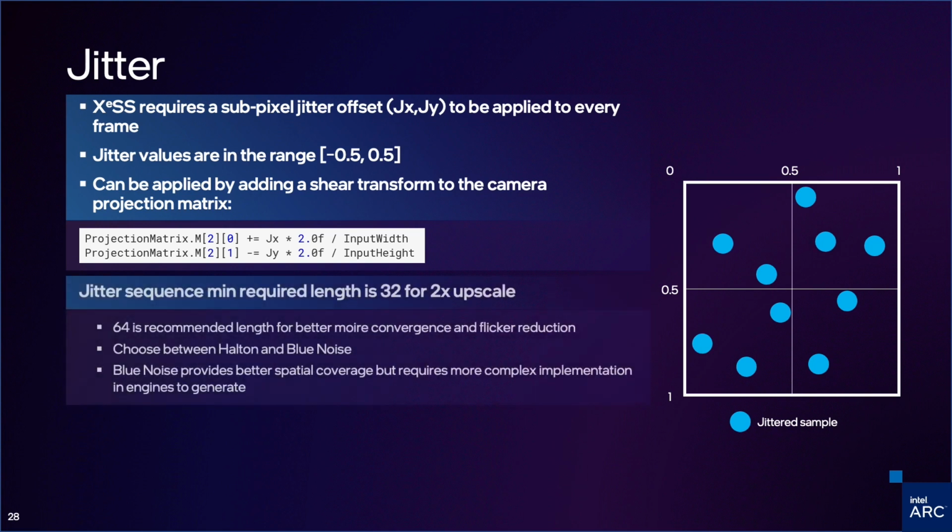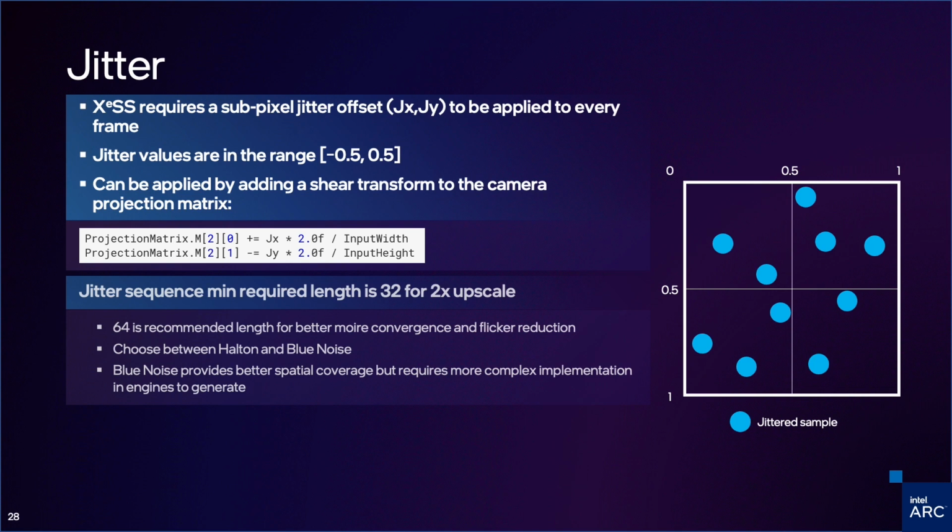It is important that jitter sequence is long enough to establish good spatial coverage in the output resolution. Halton and blue noise sequences are good choices here. 32 is the bare minimum jitter sequence length required for the 2x upscale. We strongly recommend the length of 64 and higher for better moire convergence and flicker reduction.